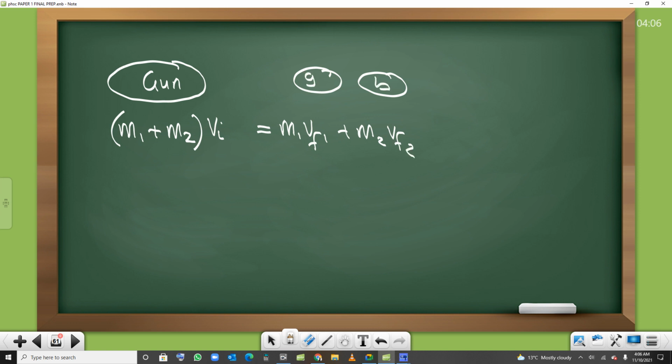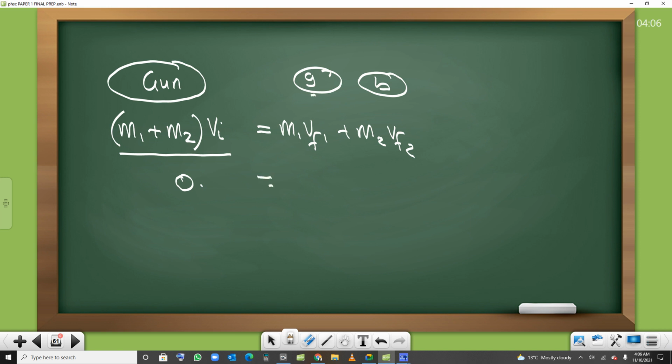Gun and the bullet. Before the bullet was released, they were both stationary. I don't know if that makes sense. The bullet is in the gun, but the gun was stationary. Now I think we are done.